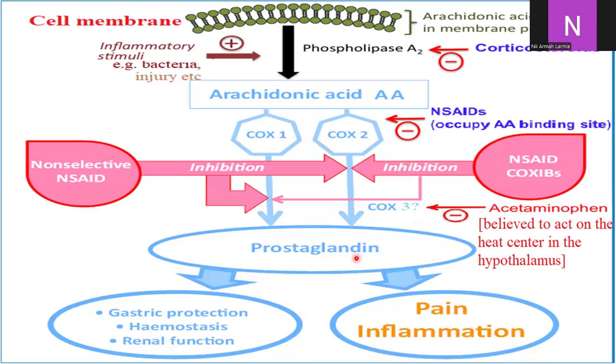And once it's not converted to prostaglandins, then it will not lead to its mediation of pain and inflammation. And this way, it helps to diminish the sensation of pain.